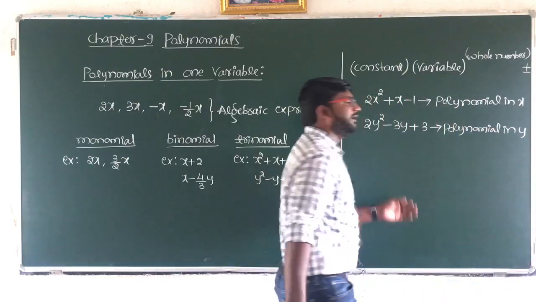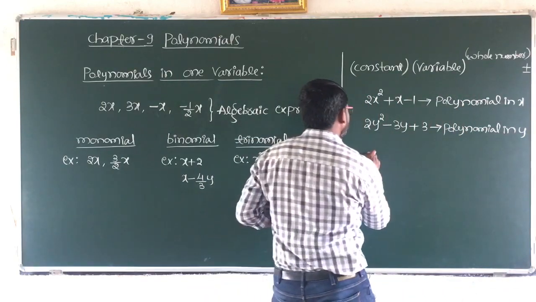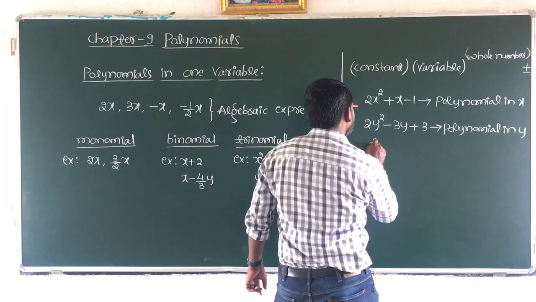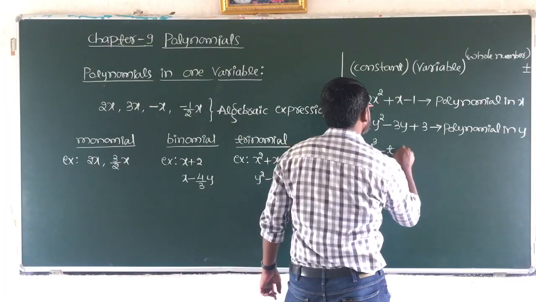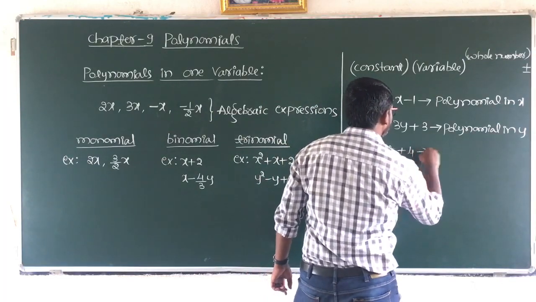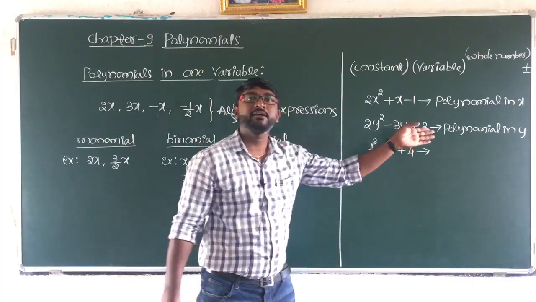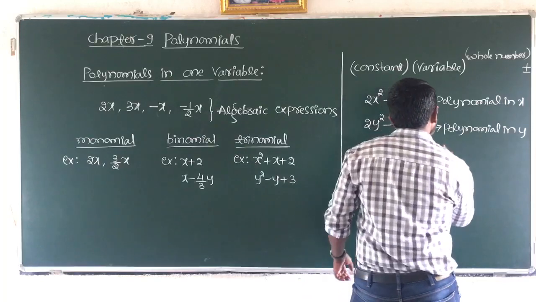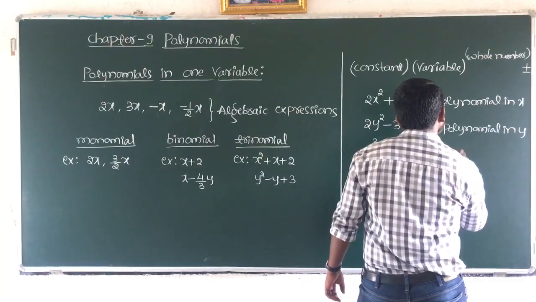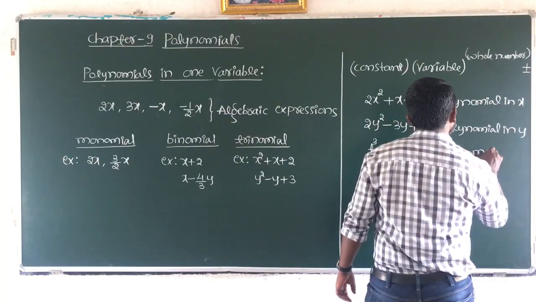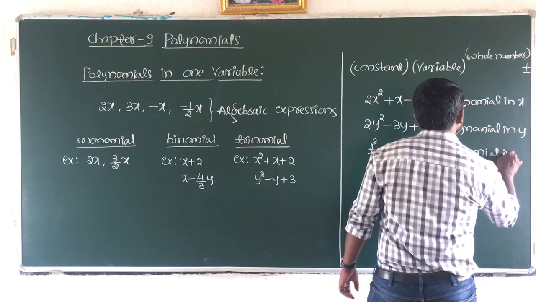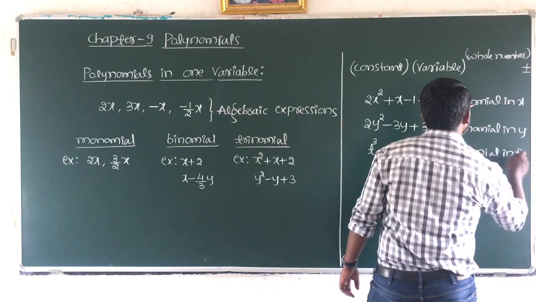Now I take up another example, t cube minus t plus 4. This is a polynomial in t.